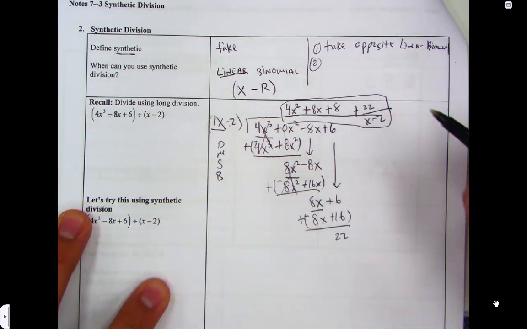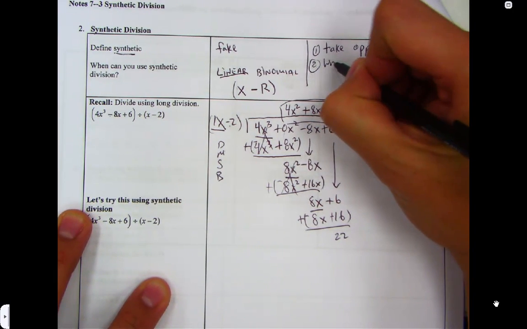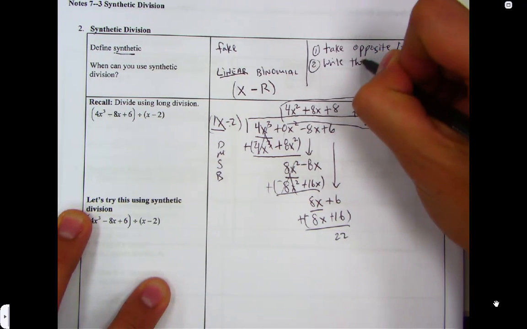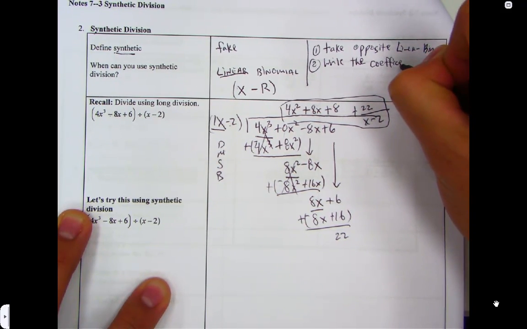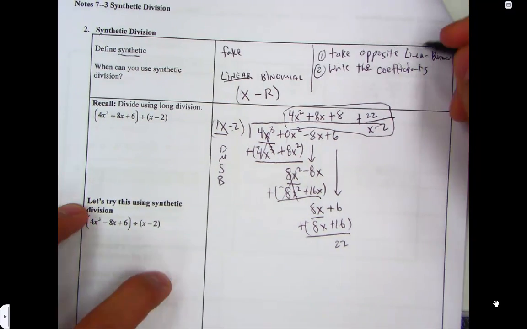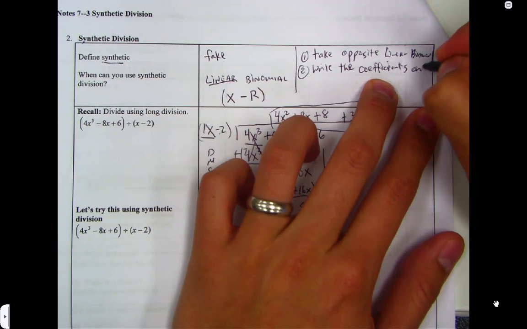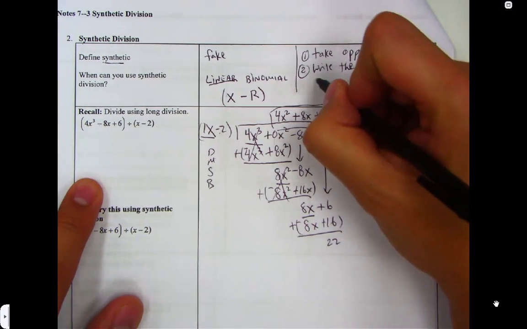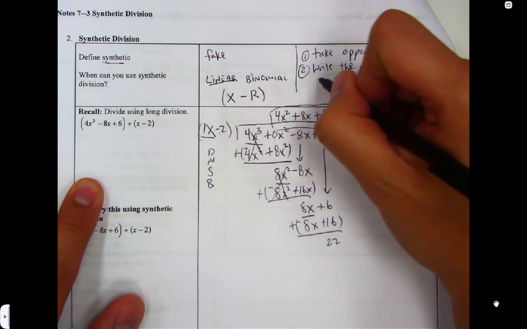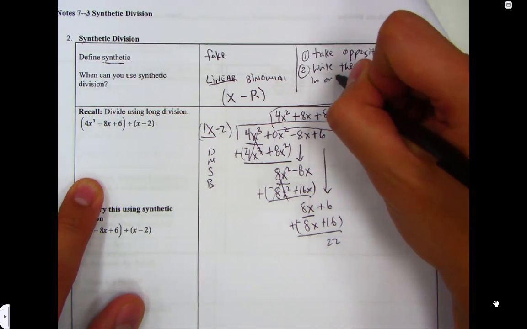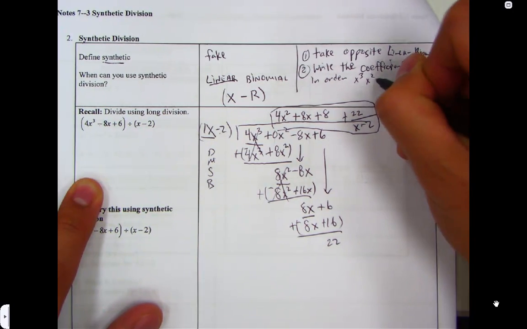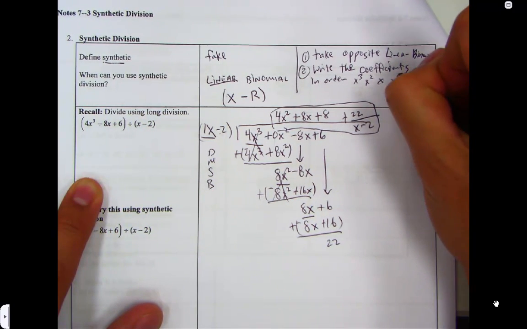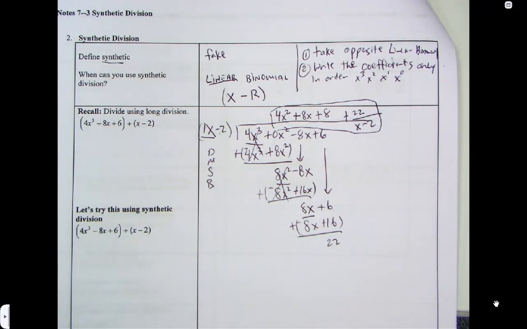Second step is to write the coefficients only. So coefficients just mean numbers. Coefficients only in order. So you need to write the x cubed first, x squared, x, and x to 0. X to 0 just means the number by itself.